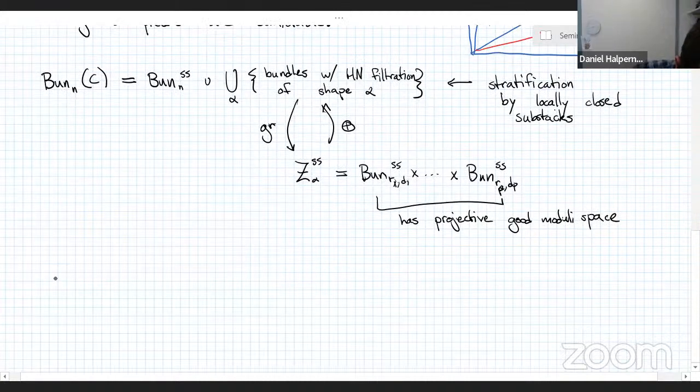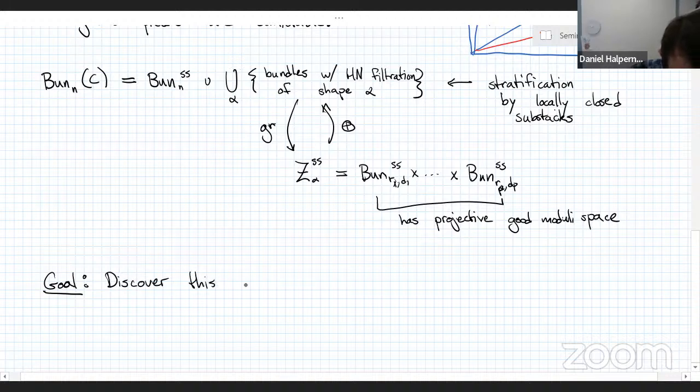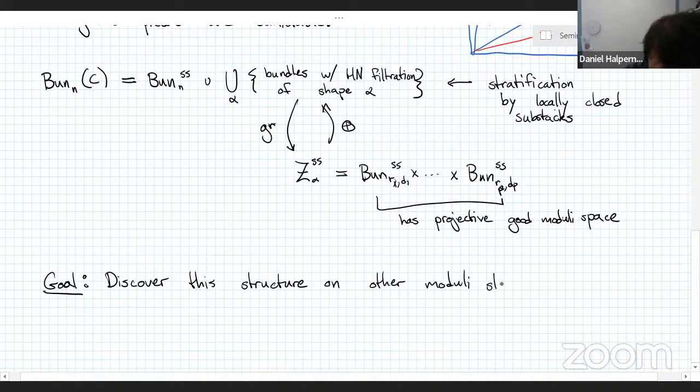And the goal of this circle of ideas that I'm going to tell you about is basically to discover the structure on other moduli stacks. So in this sense, it's part of a very broad project that I've been working on for a few years.